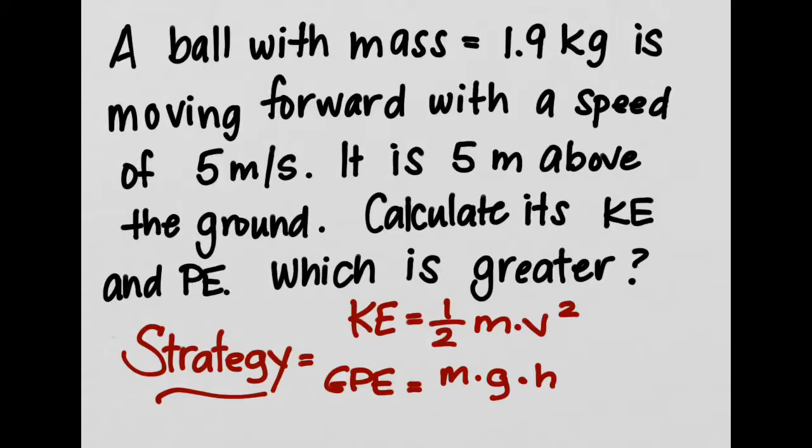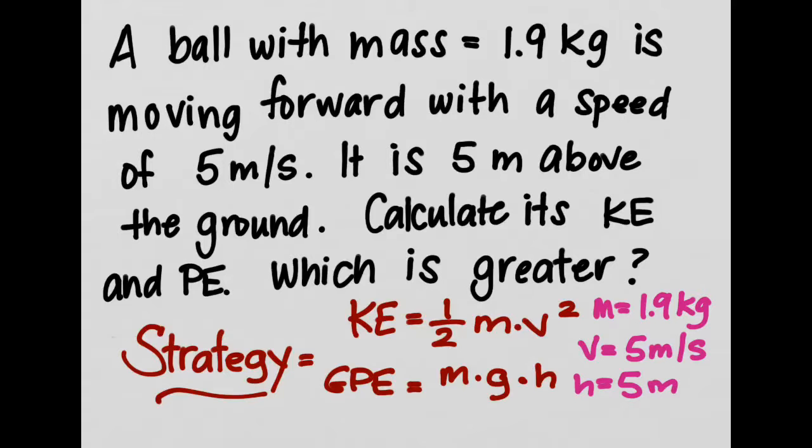From here, I know that the mass is 1.9 kilograms. I also know that my speed or velocity is 5 meters per second. I know that my height is 5 meters because it says 5 meters above the ground.